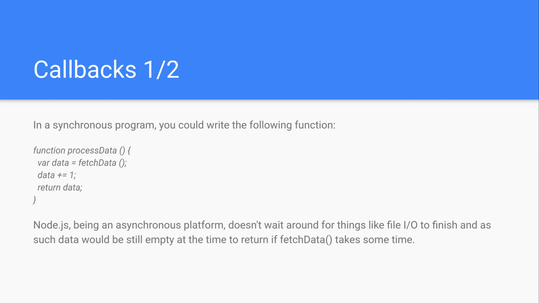Node.js being an asynchronous platform, it doesn't wait for things like inputs, outputs, and asynchronous operations. So what would happen in this case is that data will be returned without waiting for fetchData to get the data it needs. Let's say your fetchData calls an API, it's not instantaneous. So fetchData will be running for a second, and Node.js will not wait for that second to be done, and will just keep running the code.